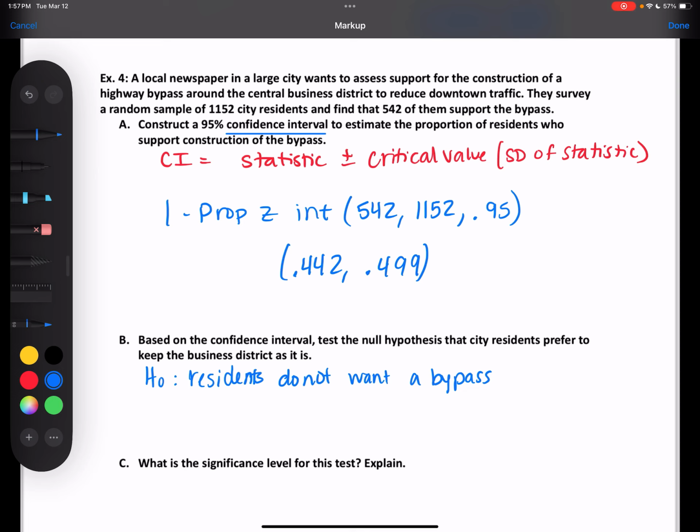So what do we assume that it is? 0.5. Yep, so p is equal to 0.5 is the null. So what would my alternate be? Greater than 0.5. But what does that mean in words? Residents do want a bypass. And yes, p is greater than 0.50.